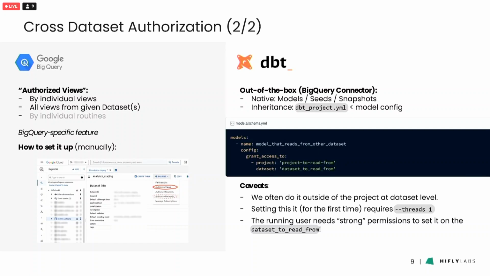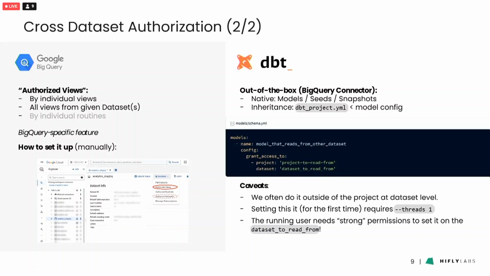That means that the DBT user, the technical or service user that DBT runs as, has to have a lot of rights over the other data set, which is something we don't usually allow. So we usually do it outside of the project, although it's built into DBT, but we very rarely use this. It also has a lot of caveats, but it actually exists in DBT.